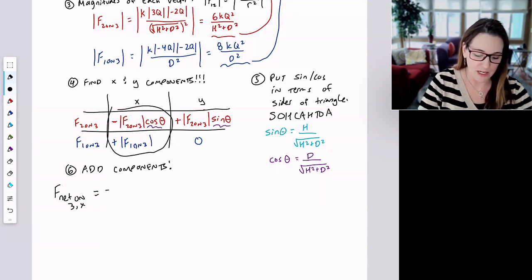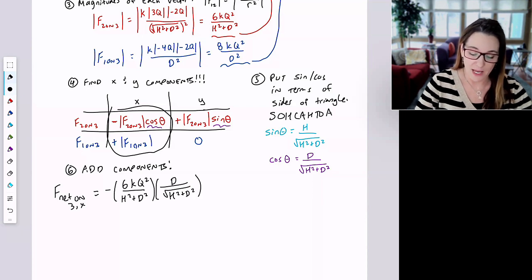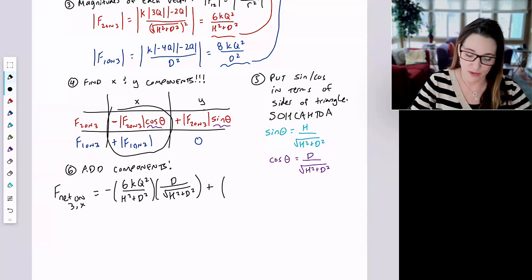So we end up with negative, and I'm going to plug in for that magnitude, so negative times 6k capital Q squared over h squared plus d squared, and then times the cosine of theta, which is, remember, d over square root of h squared plus d squared. And then I'm going to add that to the magnitude of the force that 1 exerts on 3. So 8k capital Q squared over d squared.